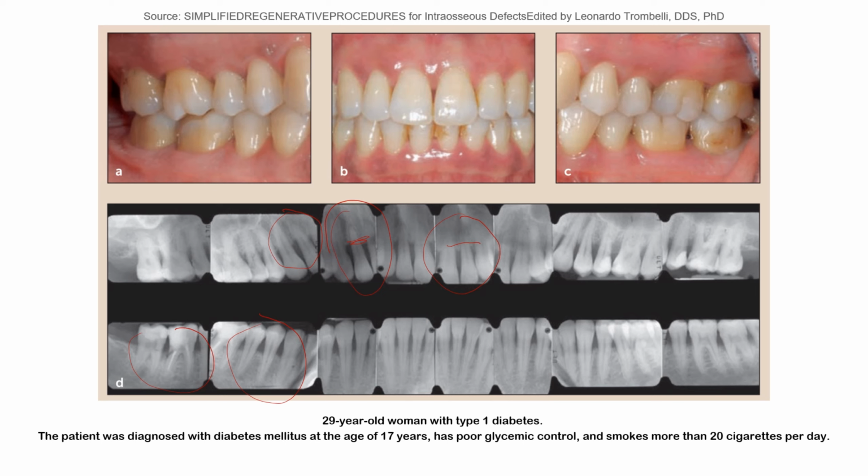And the patient is 29 years old. So of course, if you divide the radiographic bone loss by age, it will definitely give us more than one. So this patient for sure is grade C.